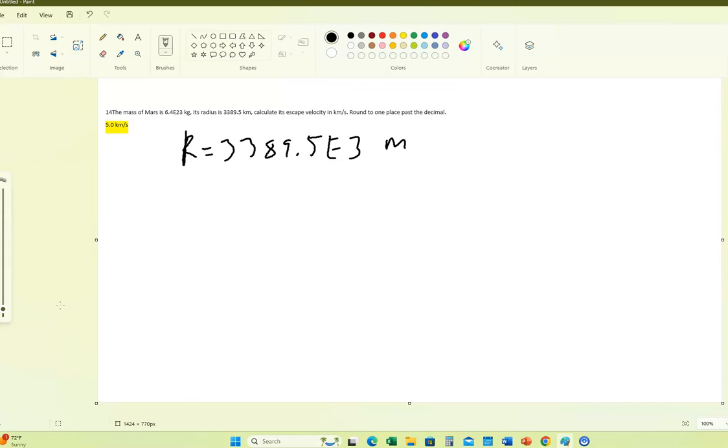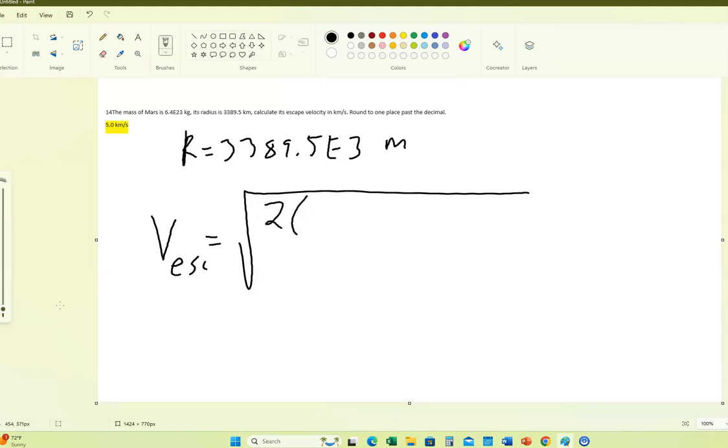All right, so anyhow, let's write the equation. The escape velocity from the surface of Mars is, of course, the square root of 2 times big G, which is 6.67 times 10 to the minus 11th, the universal gravitational constant. It never changes.